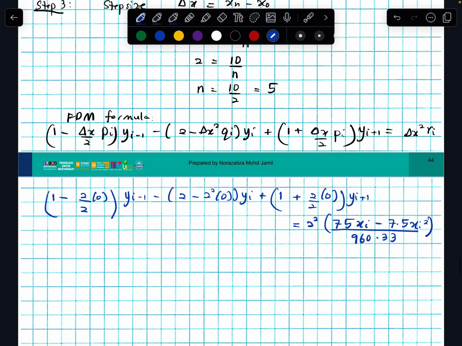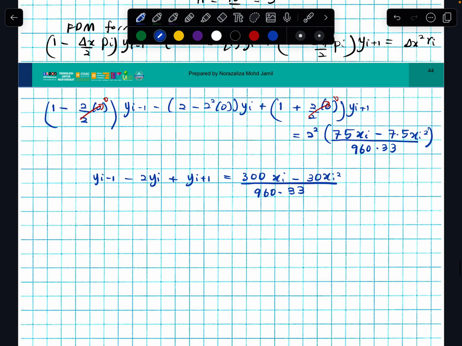Simplifying, this term will be 0, this one is 0. Okay, so this is the formula of finite difference method for your case.